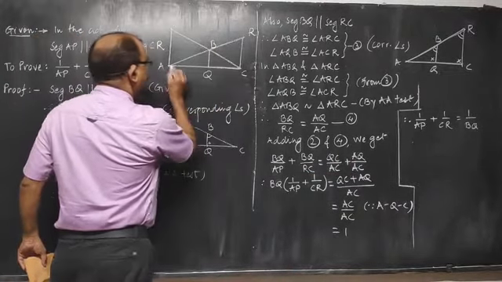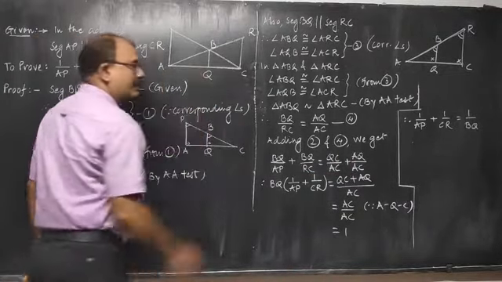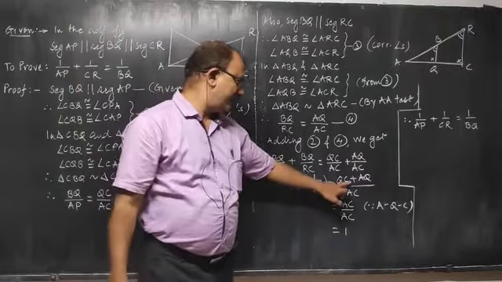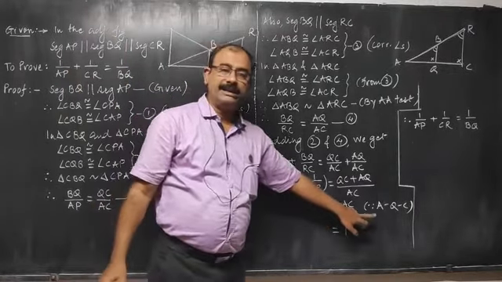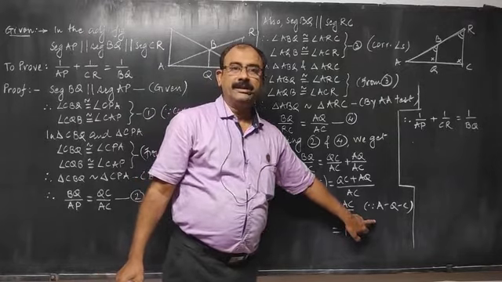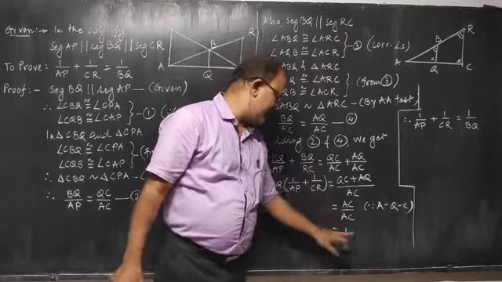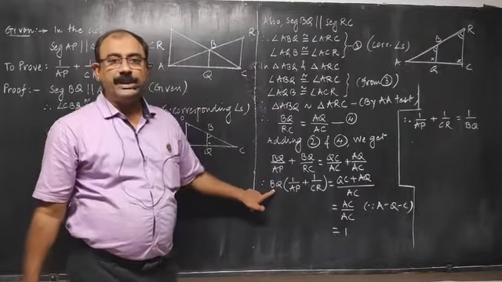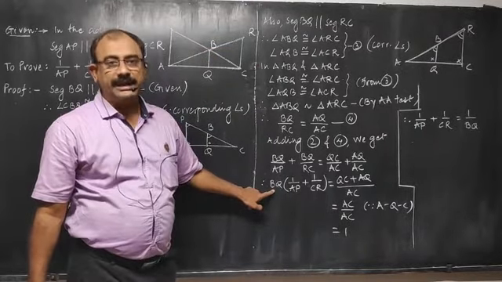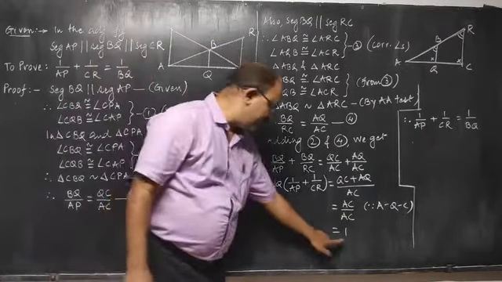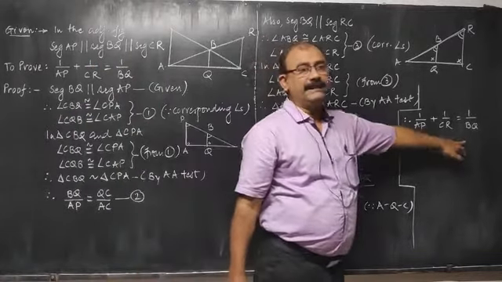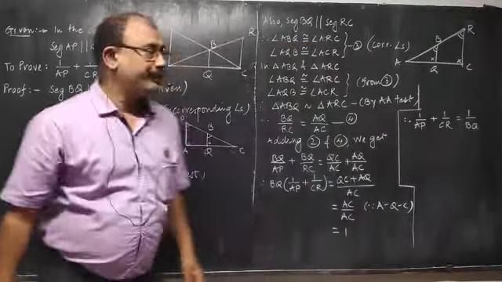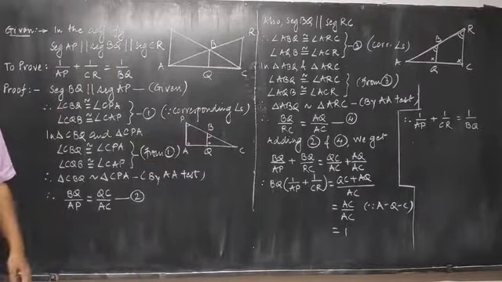QC plus AQ will give you AC, and therefore in the numerator, in the next step I have written AC by giving the reason A-Q-C. AC upon AC will be equal to 1, and now this BQ which I have taken common will be shifted in the denominator of 1, and that is what I have done in the next step. That gives you the required result.